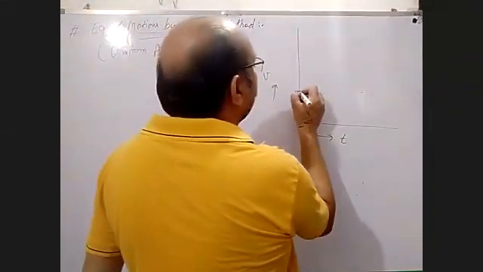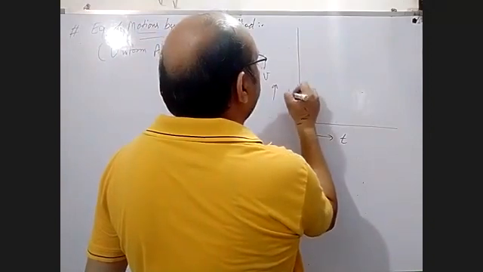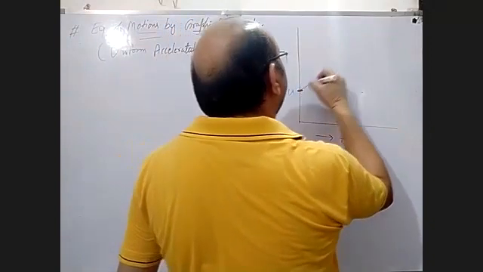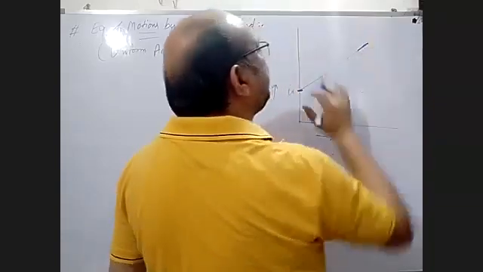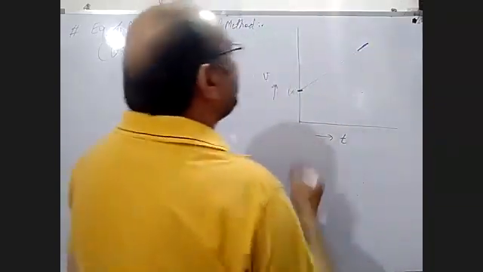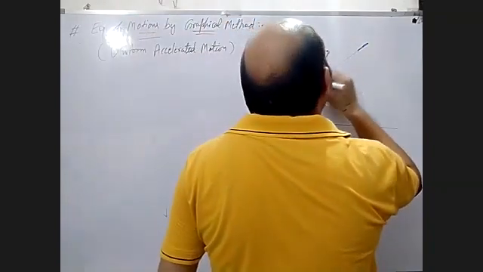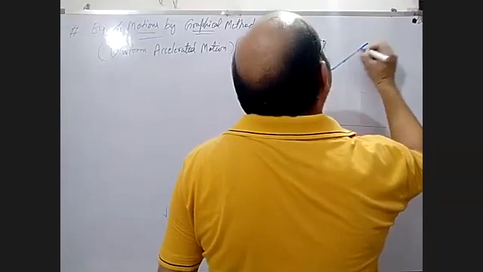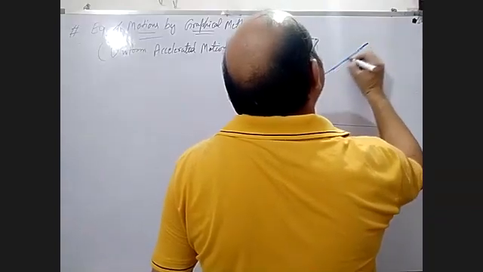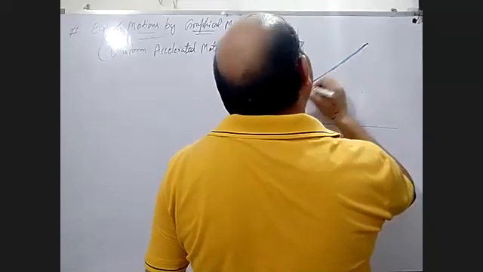Suppose an object has some initial velocity, u, and for uniform acceleration, we have to take a straight inclined line. There is equal change in velocity in equal intervals of time.